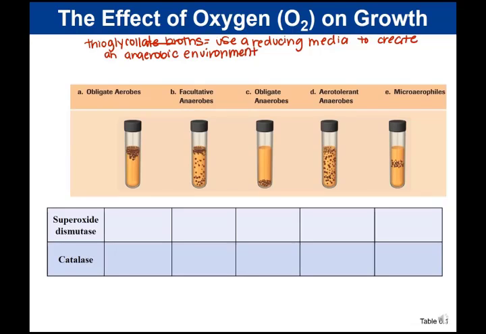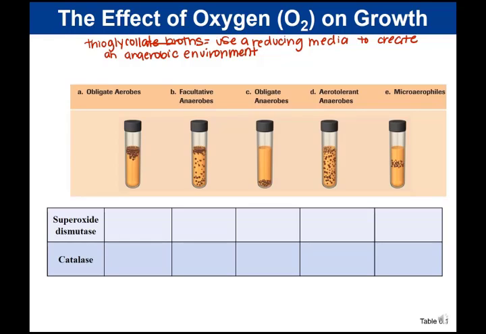In lab, we talked about what was in thioglycolate broths, and you might recall that there are two chemicals in the thioglycolate broth which help to make the environment anaerobic. We talked about L-cysteine, which is a dimer of cysteine amino acids. So we had L-cysteine and we had our sodium thioglycolate.